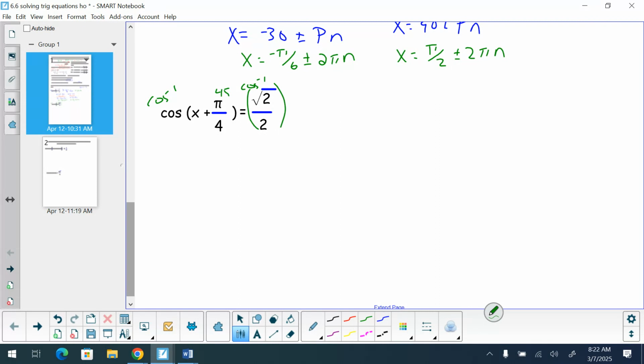Once again, you can do things all in degrees and then convert things back into radians here. The instructions say to give the solution back in radians in terms of pi.